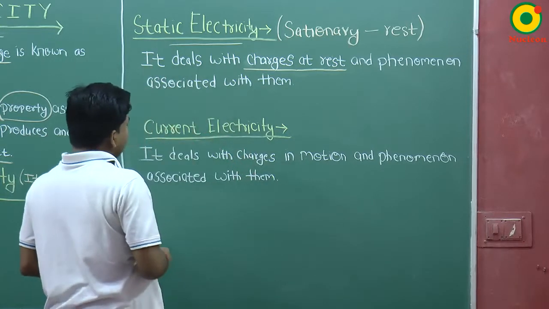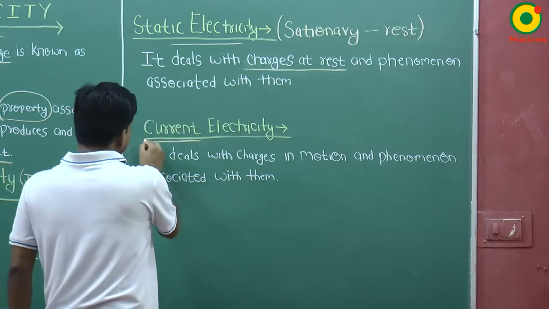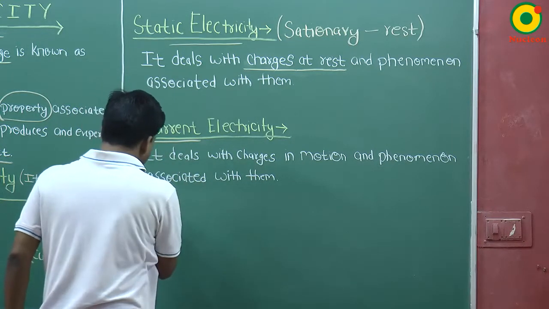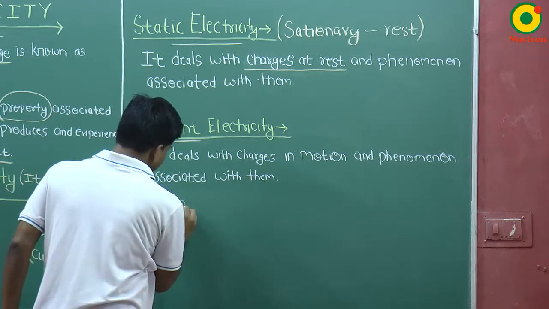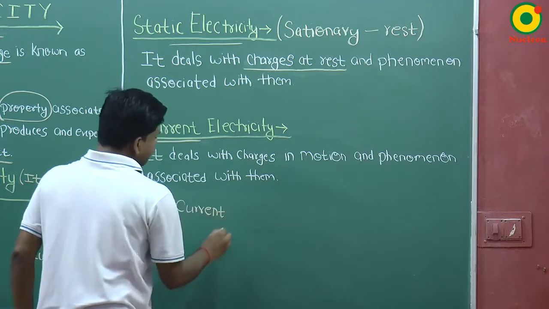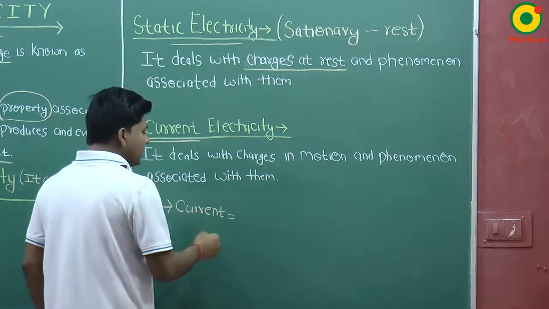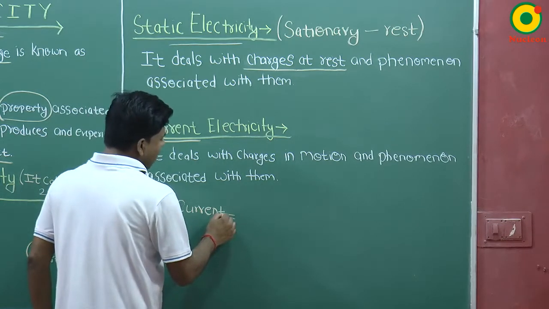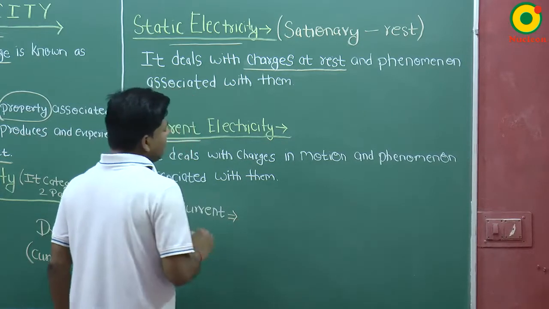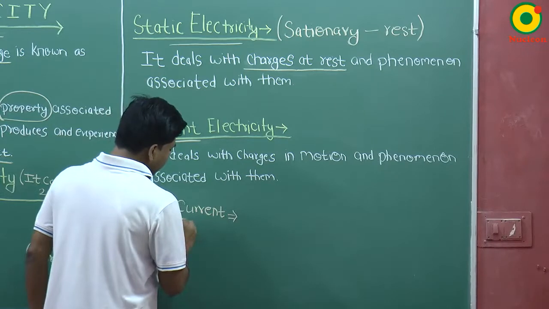Now we are going to learn about current electricity. First of all, we will understand the meaning of the word current. We generally say that near the bank of the river the water current is very high, or we install windmills at places where the wind currents are very high. So what is current?